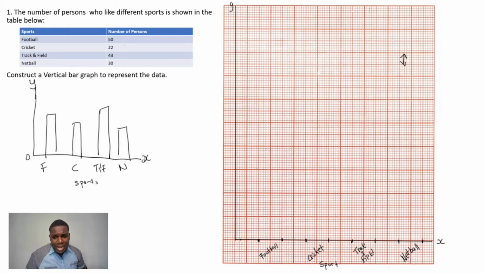We see that the highest frequency here is 50. So if I count up by 10 for every 2 units, then that would be good enough. So this is 2 units, so this will be 0 right here, and 50. That's the scale that I'm going to use. So we're going to go ahead and construct our bars.